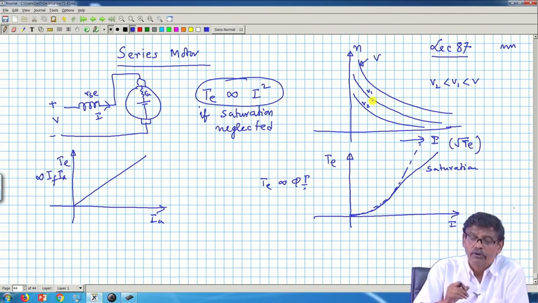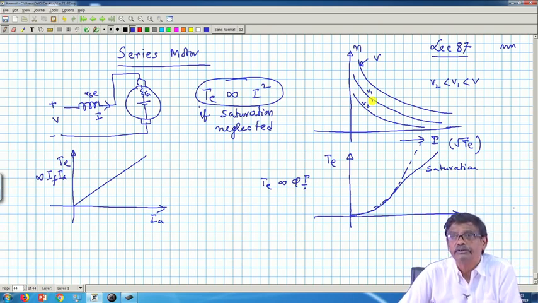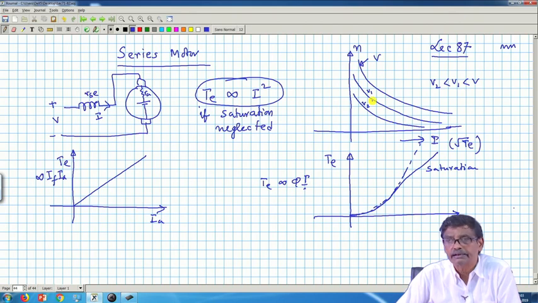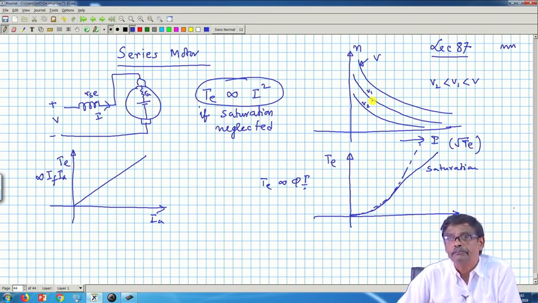Now, in case of the shunt motor, what did we do? To control the speed below the base value, we controlled the armature voltage. I connected the motor as a separately excited motor and varied the armature voltage to control the speed below the base speed.